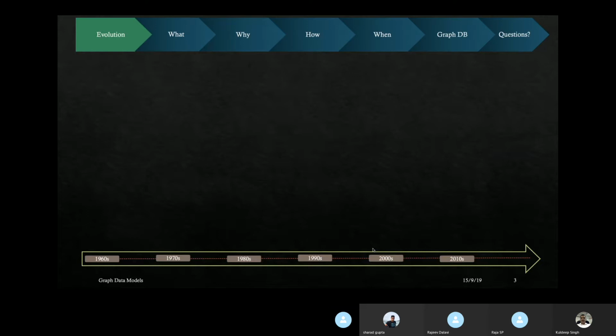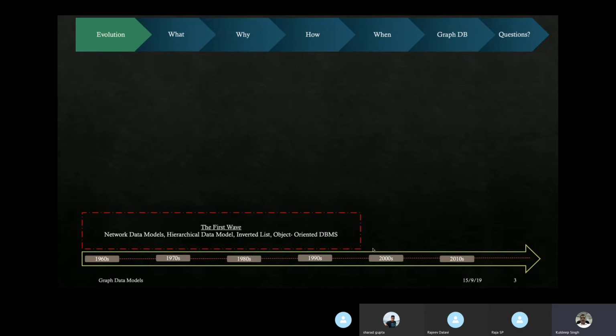So the evolution happened actually in four phases. The first phase was basically, many things happened in this phase, but the most prominent were the network data model, hierarchical data model, inverted list, and at the end of this phase, object-oriented databases also started to come up.